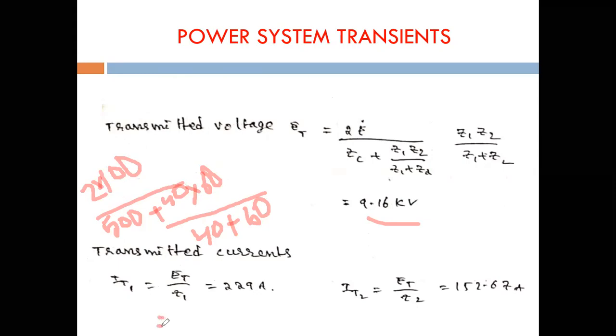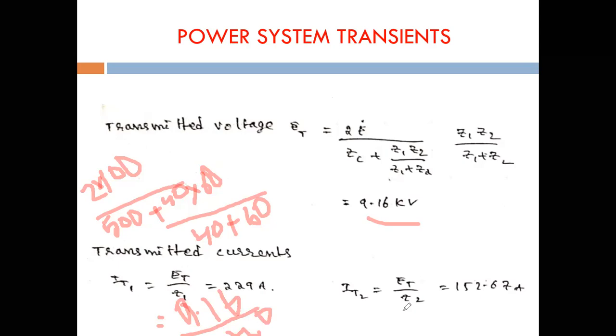Therefore the transmitted current IT is equal to 9.16 by Z1. Z1 is equal to 40. Then calculate IT1 and also IT2. IT2 is equal to ET by Z2. What is the value of ET?